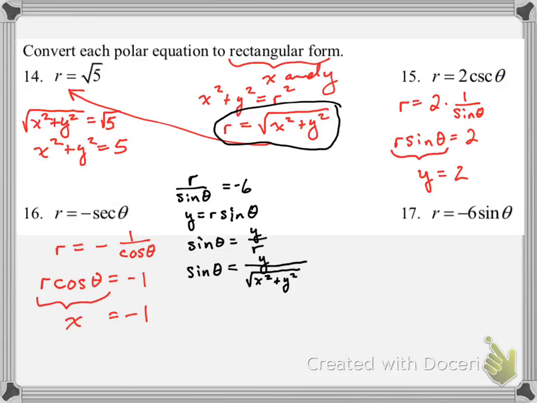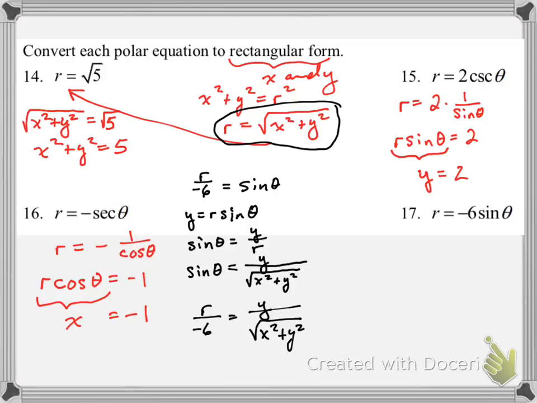This is a true statement, but it's not the one that we need. What I need here is sine of theta is equal to r over -6. Because what I can do now is replace this with r over -6, and we know what r is in terms of x and y. So we're going to have r over -6 equals y over square root x squared plus y squared.